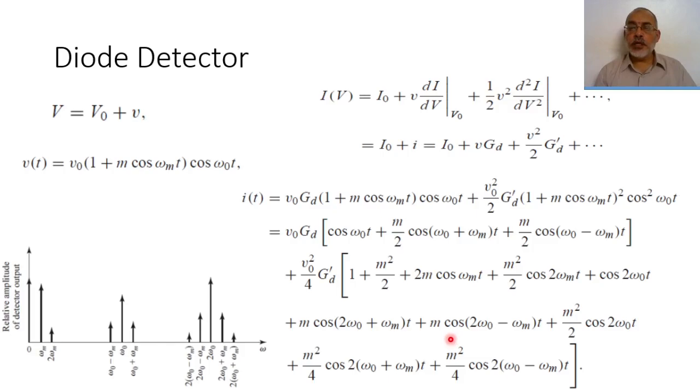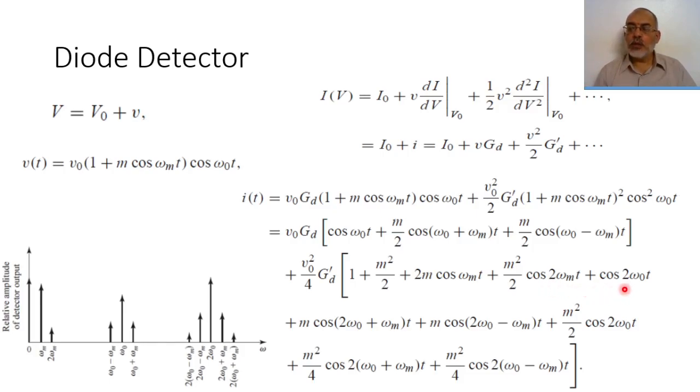It is interesting here to note that this term contains many frequency components. We have a DC component. We have a component proportional to the frequency of the modulation signal. We have a component proportional to the second harmonic of the modulation frequency.